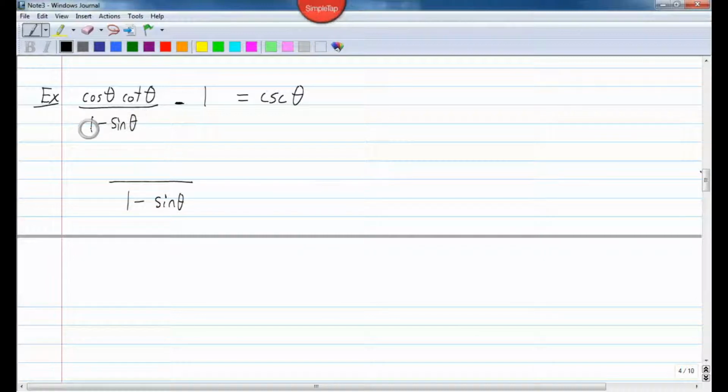So for this first term, you just put cosine theta cotangent theta because it has the same denominator. Minus, this doesn't have a denominator. So you have to multiply the common denominator times that. So if we multiply this times, I guess you could think of it as a negative 1, then you're going to have minus 1 plus sine theta.